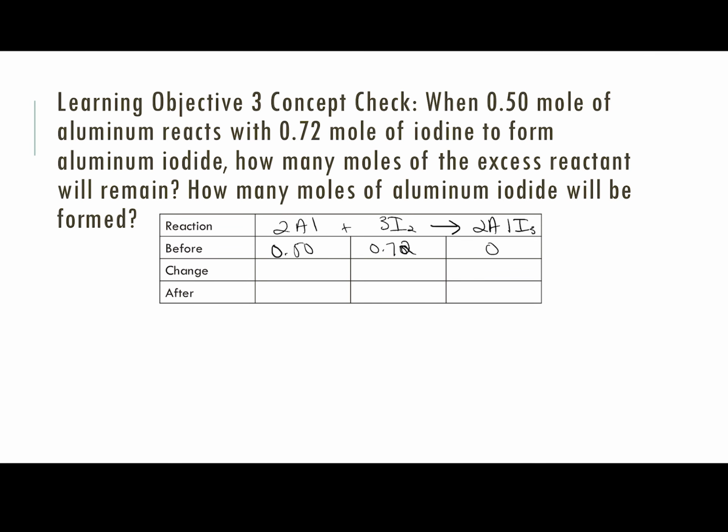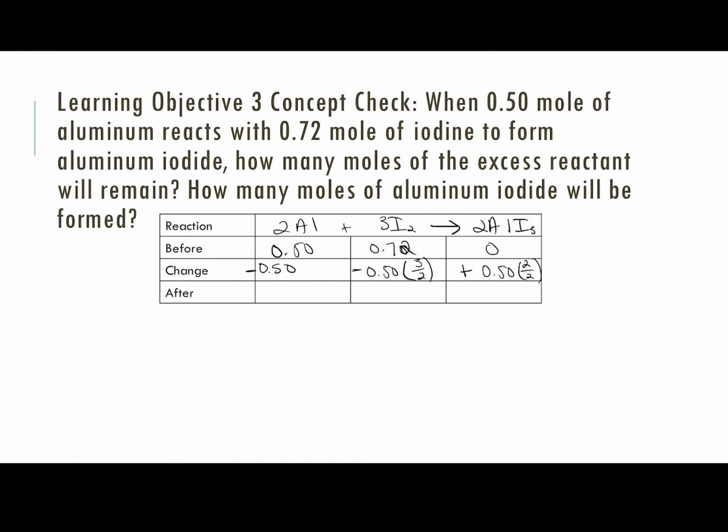So if I assume aluminum is my limiting reagent, I'd say minus 0.50. And then here I do minus 0.50 times my molar ratio. We have 3 moles of iodine, 2 moles of aluminum, so it would be 3 on the top, 2 on the bottom. And then same idea with the aluminum iodide: we're going to add 0.50 times my molar ratio, 2 moles of aluminum iodide on the top, 2 moles of aluminum on the bottom.